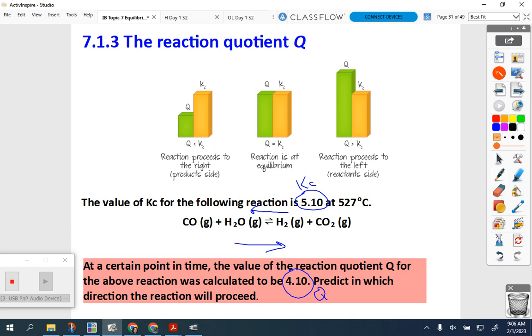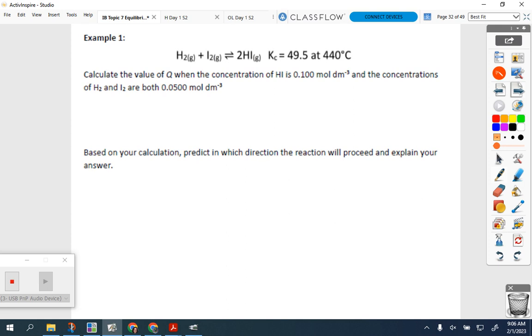All right, this is example 1 on page 12. Go ahead and calculate Q for the given reaction with the concentrations that are given, then compare it to the Kc that you're given, and predict whether the reaction is going to proceed to the right or to the left.